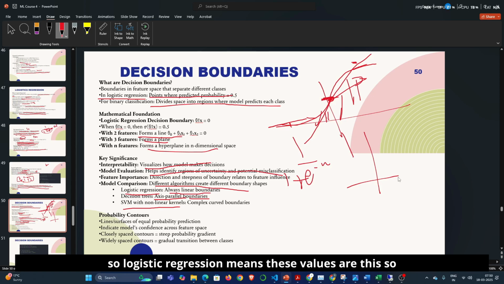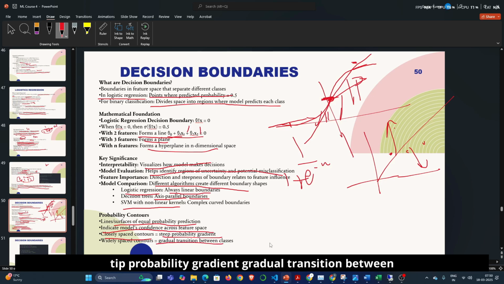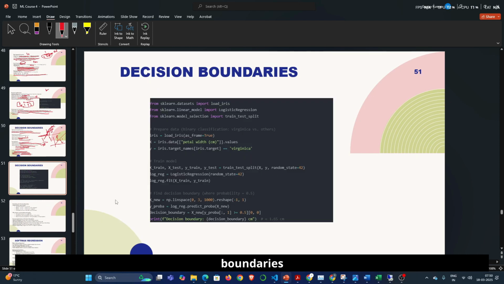So logistic regression will create a form like this: one class, two class. The equation is like this, with x1 and x2. A linear space of equal probability. Predictions indicate the model's confidence across different features, and allow contours to show a steep probability gradient or a gradual transition between classes. That's how we can see the decision boundaries.